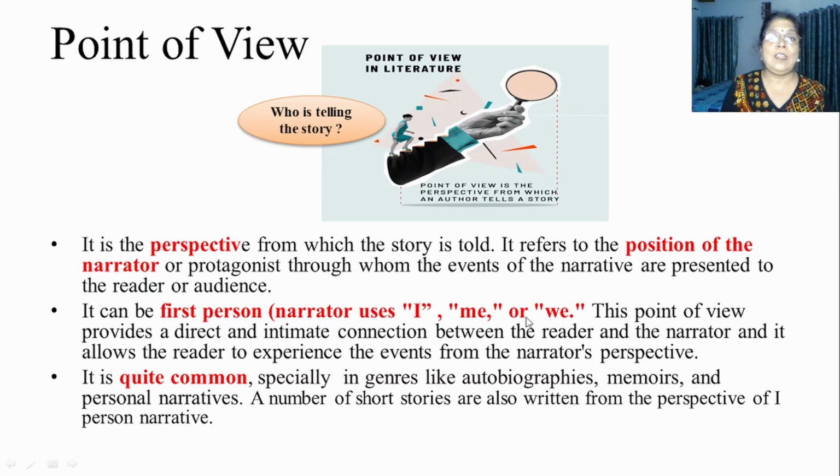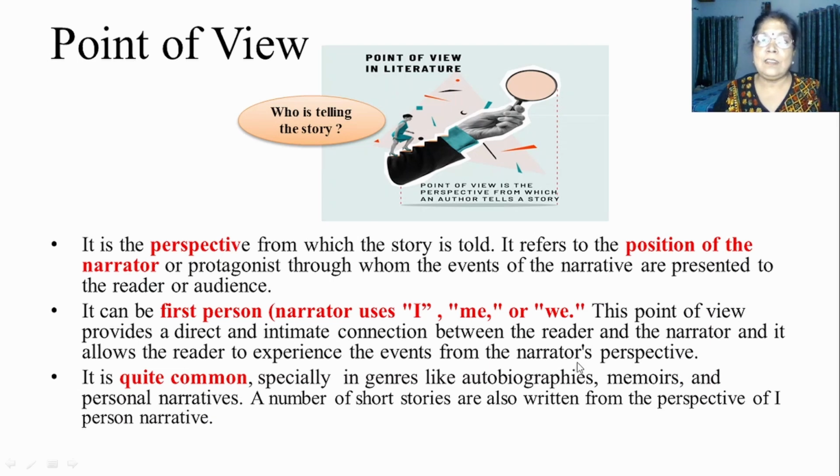It is quite an interesting thing when the person with whom the things have happened himself is telling the story. It immediately makes a connection with the reader, because the reader considers it to be true and has faith in the voice of the narrator and easily understands the story, and it allows the reader to experience the events from the narrator's perspective.